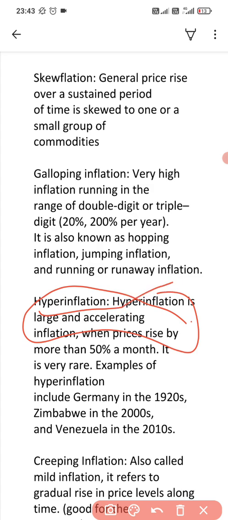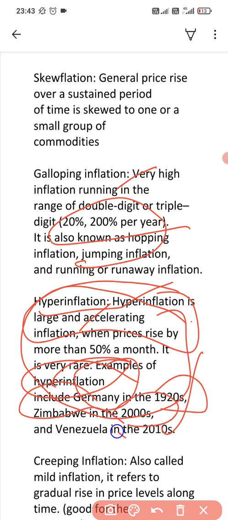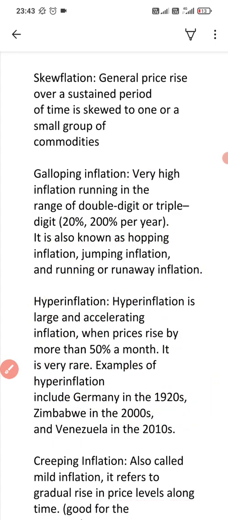Don't be confused between galloping and hyper, because one is for a month and the other is for a year, so there's a difference. Okay, now hyperinflation usually doesn't take place in India. It took place in Germany in 1920, Zimbabwe in 2000, and Venezuela in 2010. So that's hyperinflation.